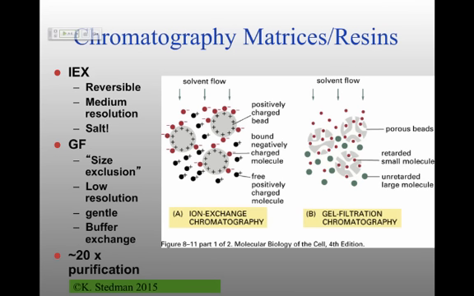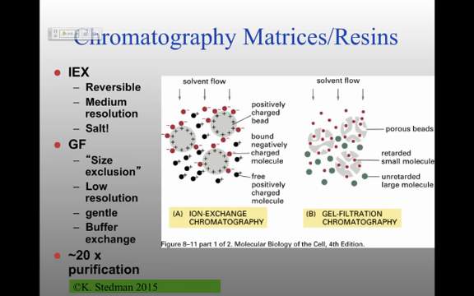That'll be in your first fraction. Anything with a negative charge will bind to it. And then, in order to get that protein, usually, which is bound to the column off, you just increase the salt concentration. And so that's the exchange part of this ion exchange. So put in salt. That'll compete with your protein, and your protein will come off. We'll see an example of that in just a second.